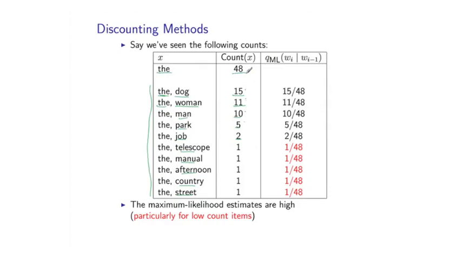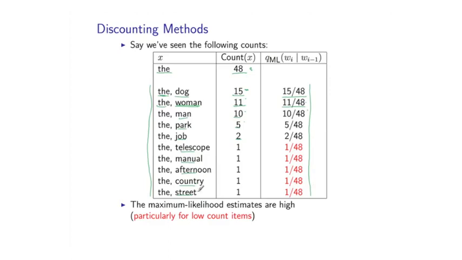So now if we consider the maximum likelihood estimates in this case, they're going to be, for example, 15 divided by 48 for the probability of "dog" following "there", 11 out of 48 for the probability of "woman" following "there", and so on, just the ratio of this count to the total number of times that I've seen the word "there". Now, one thing to observe here is that, in general, these estimates are going to be systematically high, particularly in cases where we have a large vocabulary.